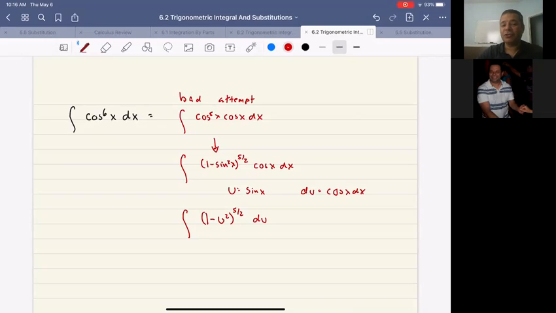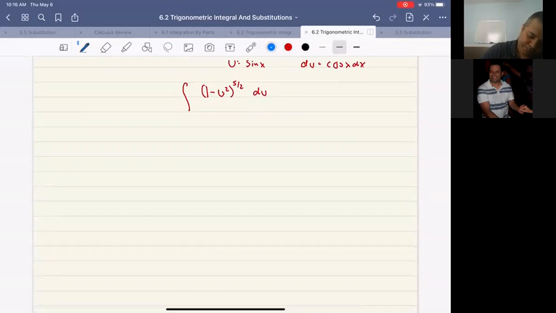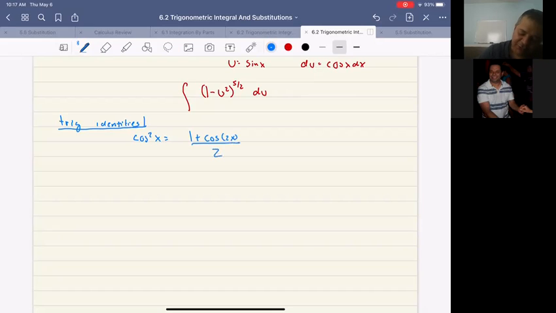We make use of some trigonometric identities. The first ones that we use, since we're using cosine squared here: cosine squared of x is 1 plus cosine 2x divided by 2, and sine squared of x is 1 minus cosine 2x divided by 2.